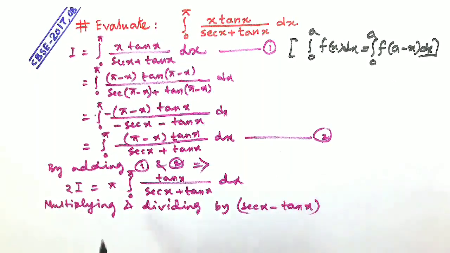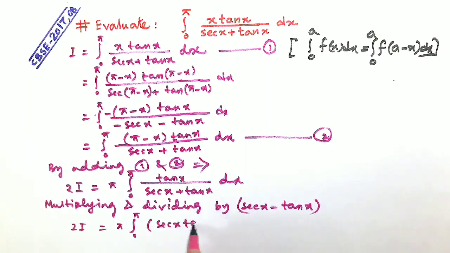What is the purpose to multiply and divide by the quantity sec x minus tan x? Because if you multiply the denominator by sec x minus tan x, then the denominator will be sec square x minus tan square x. So this is the benefit. Actually this is equal to 1. So we are getting 2I is equal to pi into integration 0 to pi of (sec x tan x minus tan square x) dx, isn't it?